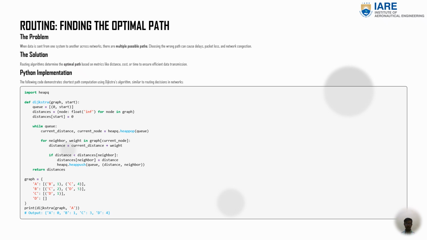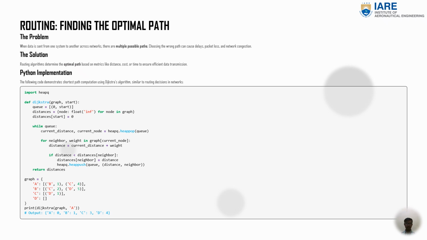Step 4 is that we have to update if a shorter path is found. If distance is less than distances[neighbor], we check if this new path is better, and then distances[neighbor] = distance. Here we update the shortest distance. heapq.heappush(q, (distance, neighbor)).